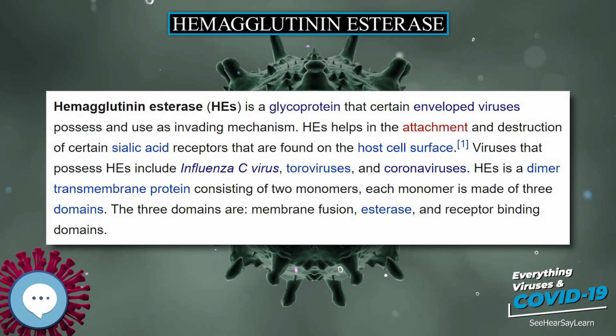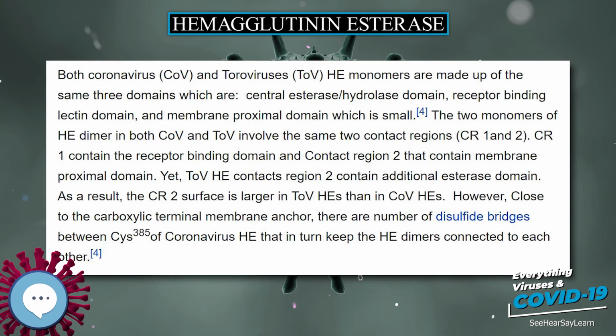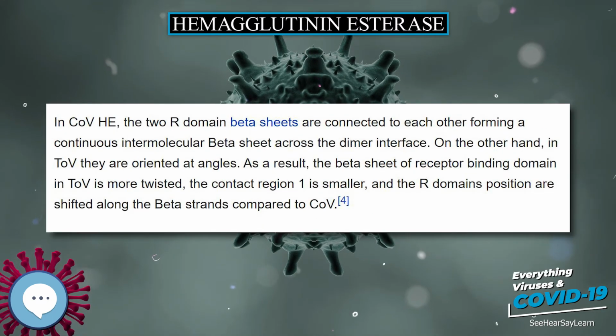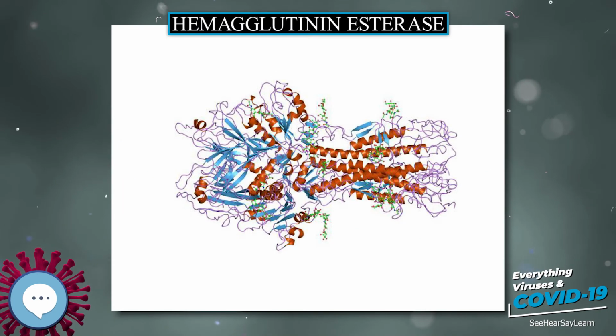Multibasic cleavage sites that are present in HA of highly pathogenic avian Influenza A viruses and processed by the ubiquitous protease furin are not found in any HEF protein. Consequently, replication of Influenza C virus is limited to the site of virus infection, the respiratory tract. Unlike other influenza viruses, Influenza C virus does not spread to other tissues.